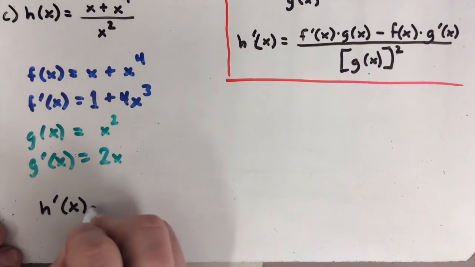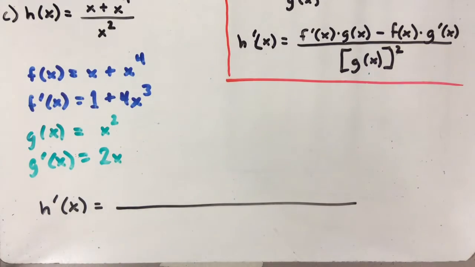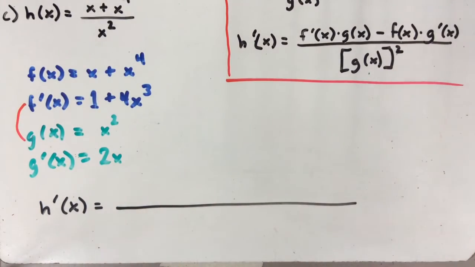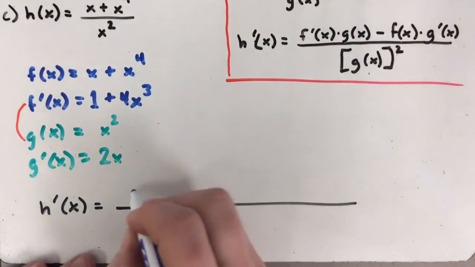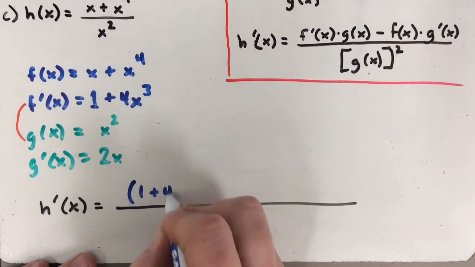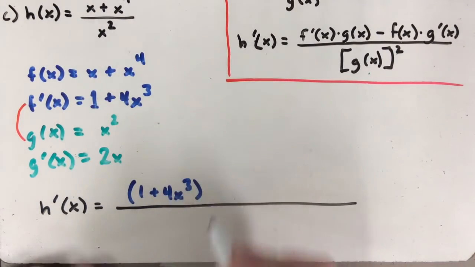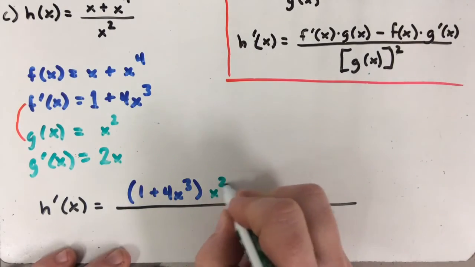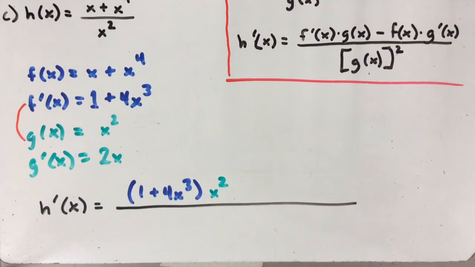H prime of x, that is equal to, well, it's going to be a fraction. And we're going to work inside out with these 4. So we're going to do these insides multiplied together first. So that is a 1 plus 4x cubed times an x squared. So that's the insides.